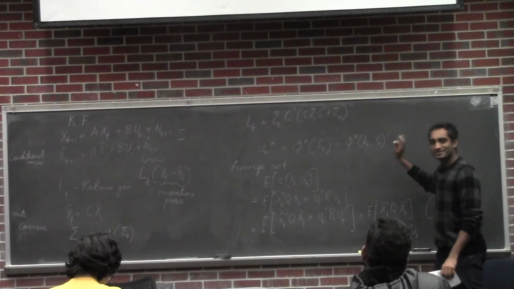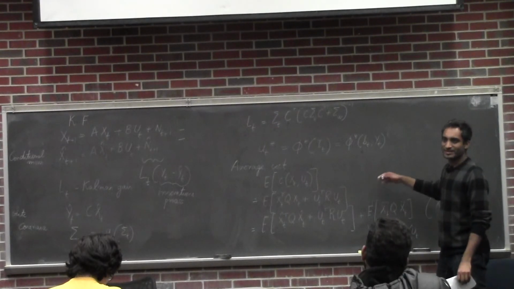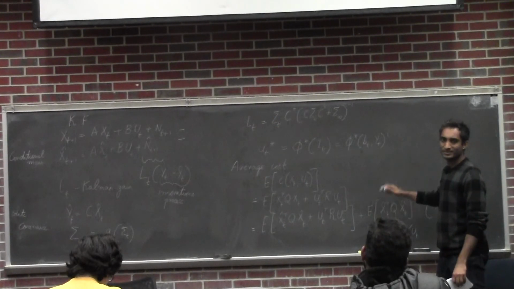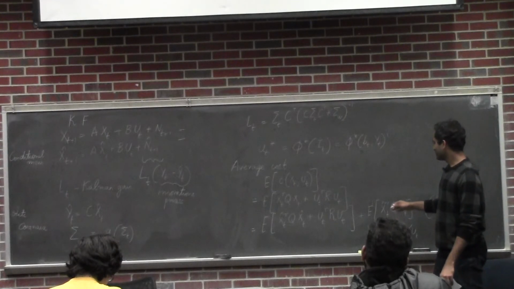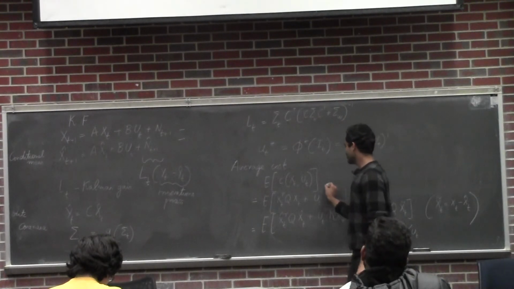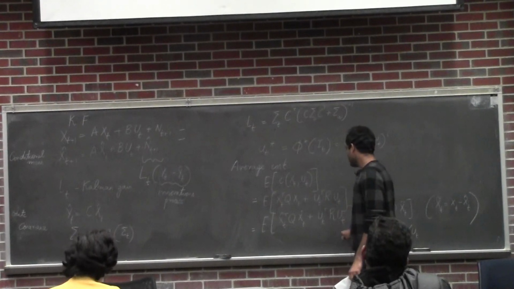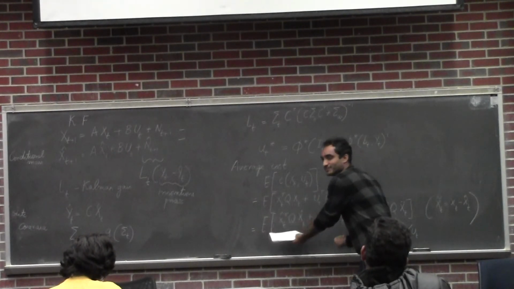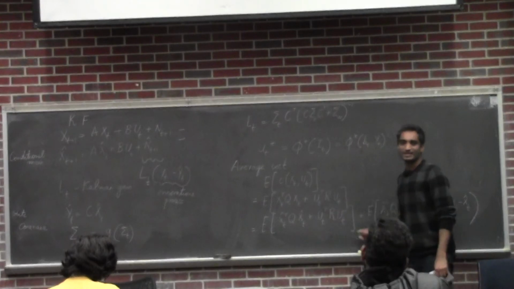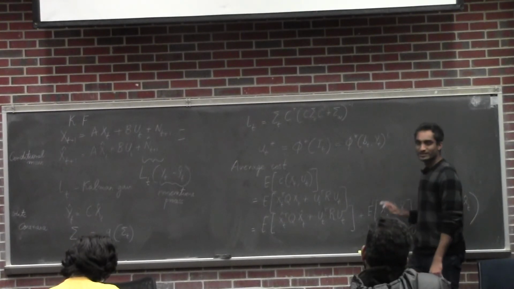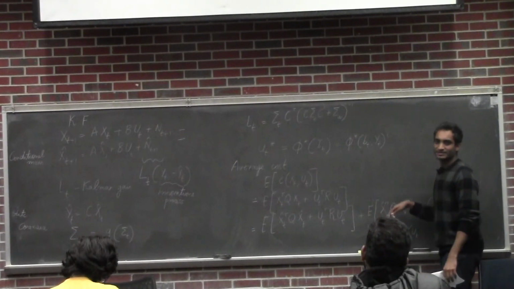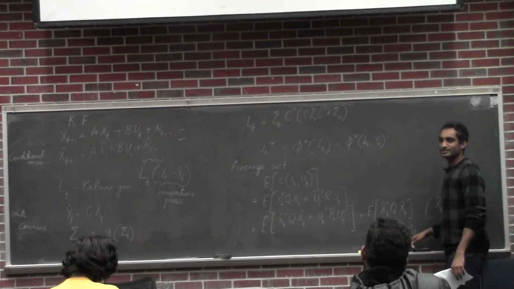Essentially you can just take this term away. As far as optimization goes, you don't need to consider it. So minimizing the second line is the same as minimizing the first term of this line. You can forget about the second term because that doesn't involve u_t.